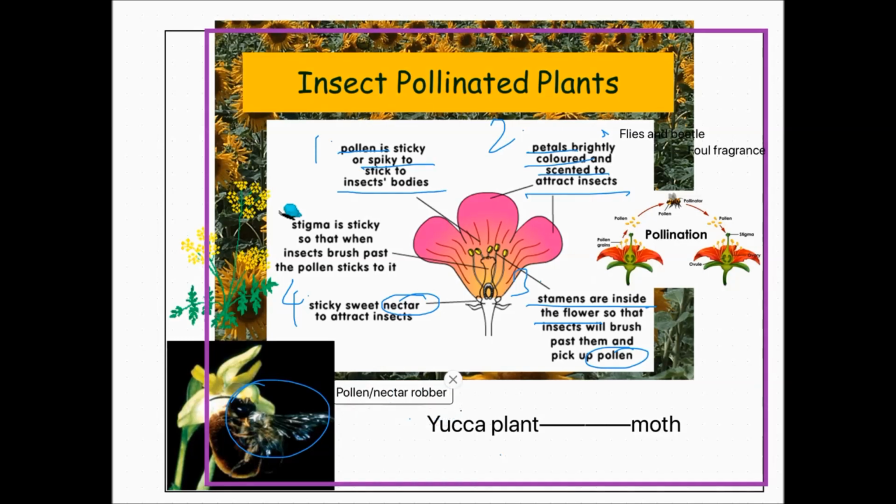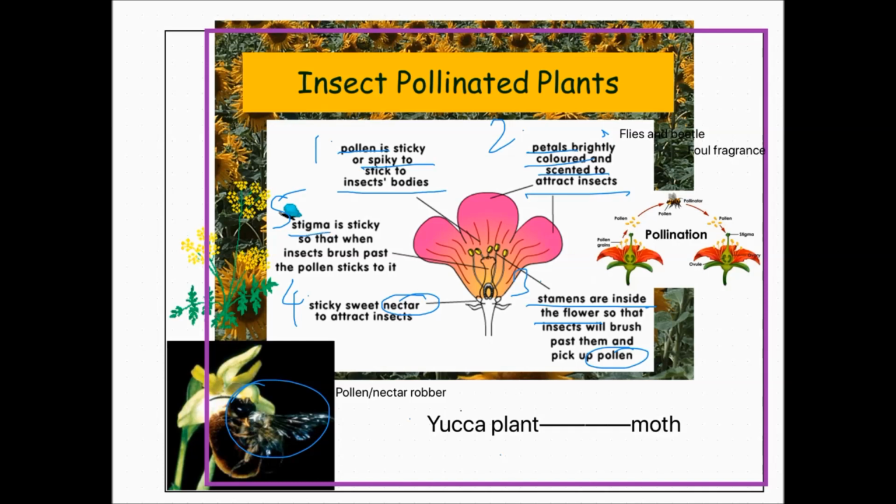Such insects are called pollen or nectar robbers because they either consume the pollens or suck the nectar. So nectars and pollens are the reward to them. Now next one is stigma.